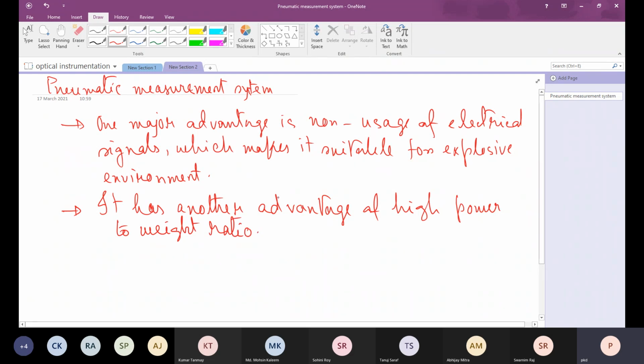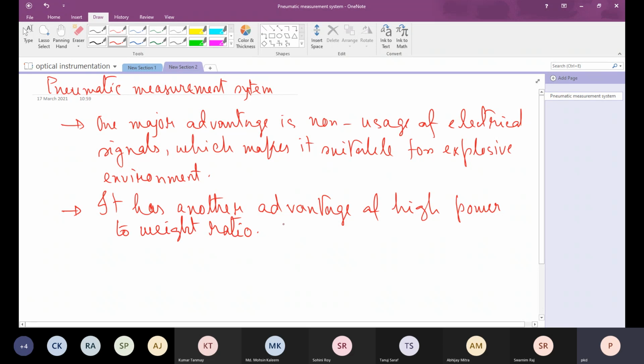So that means if you have electrical motor-based actuators, which are used to drive certain actuation, the weight of that motor is usually higher than its hydraulic counterpart.